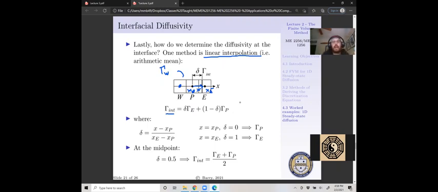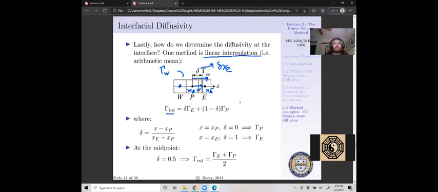So if we look at this arithmetic average, if our interface is at xp, delta goes to 0, and we are just going to take the diffusivity of our P control volume, our center control volume. And as x tends to xe, i.e. delta tends to delta xe, delta is going to be equal to unity, and our diffusivity is going to be taken at our east cell center value. And at the midpoint, it's just our mean, our average.